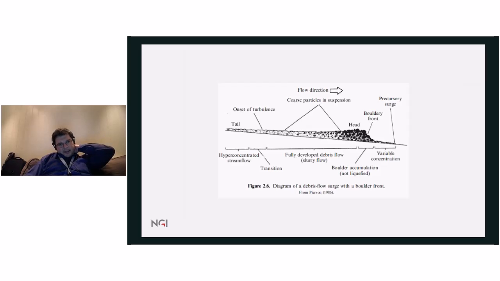Landslides of the flow type, like debris flow, have different phases within the same landslide. Here we have, for example, a debris flow with a bouldery front, then a slurry flow in the middle, and then a less dense, concentrated stream flow at the tail, and we have a precursory surge at the front. So there are different phases even within the same landslide.